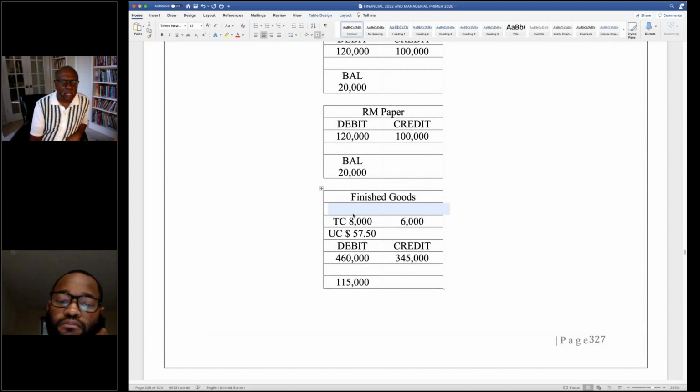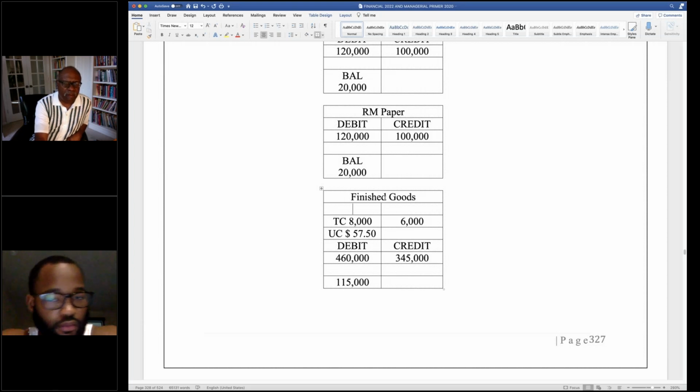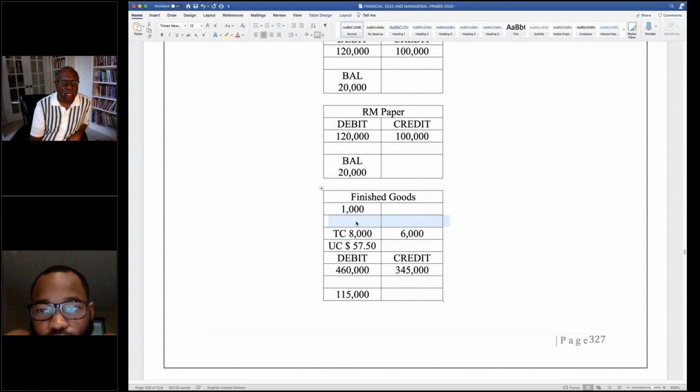Okay, let's go back to the situation, we already have some inventory in here. And so let's assume we had 1,000 units in here. And the cost of 1,000 units, let's assume the 1,000 units did cost $50, okay?